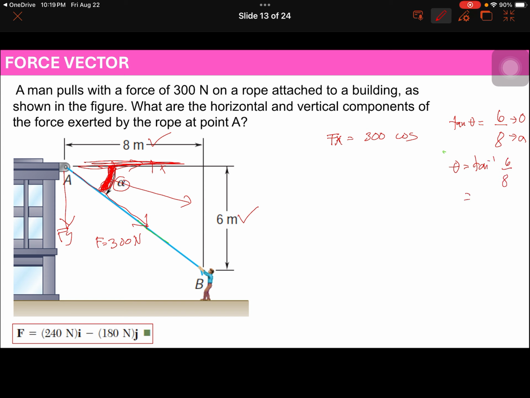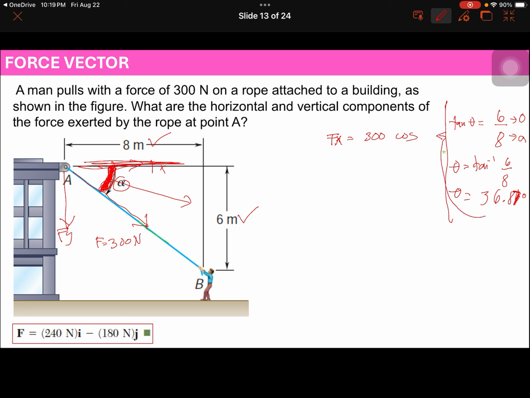So, theta is equal to 36.87. Ito yung gagamitin natin.